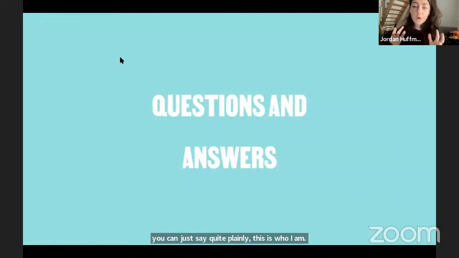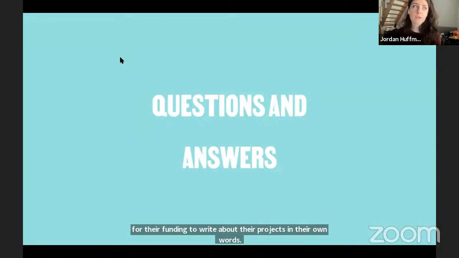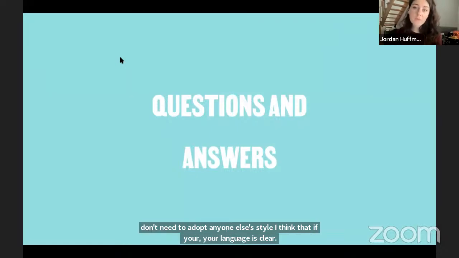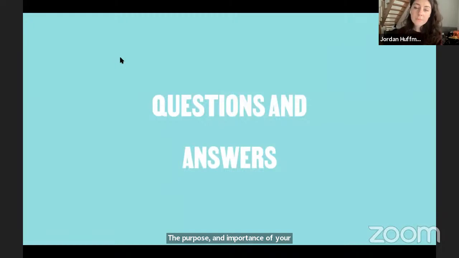These are the activities I'm hoping to get funded, and this is why it's important. I have seen grant issuers emphasize wanting people applying for their funding to write about their projects in their own words. You don't need to adopt anyone else's style. I think that if your language is clear, the purpose and importance of your project will really shine through.